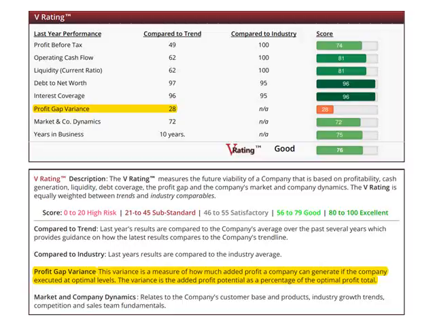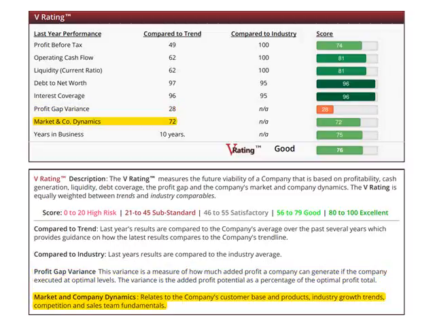Since Fiscal CheckUp does not have this data for the industry, it is not part of the final score for this variable. The market and company dynamics factor utilizes 5 of the most important questions from the questionnaire, which were likely to predict future viability, such as market share and competitiveness of your products.